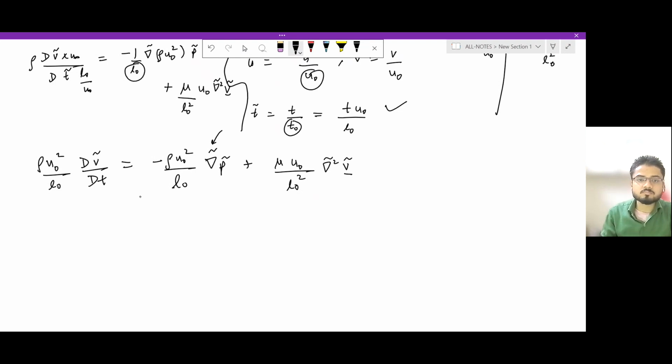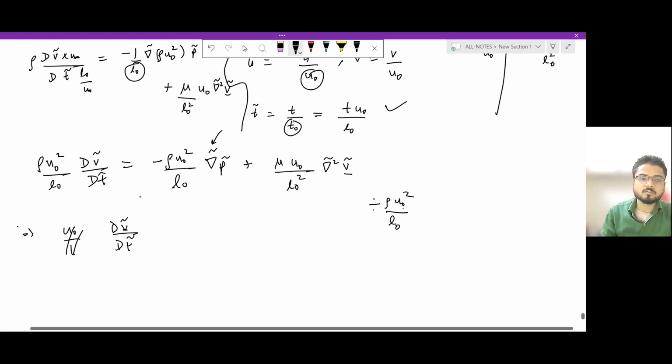Now, you already see that a lot of things are canceling from both sides. You can divide everything by rho u naught squared over L naught. Let's do it in one go. So this becomes dv vector over dt tilde, and this entire thing vanishes right away.